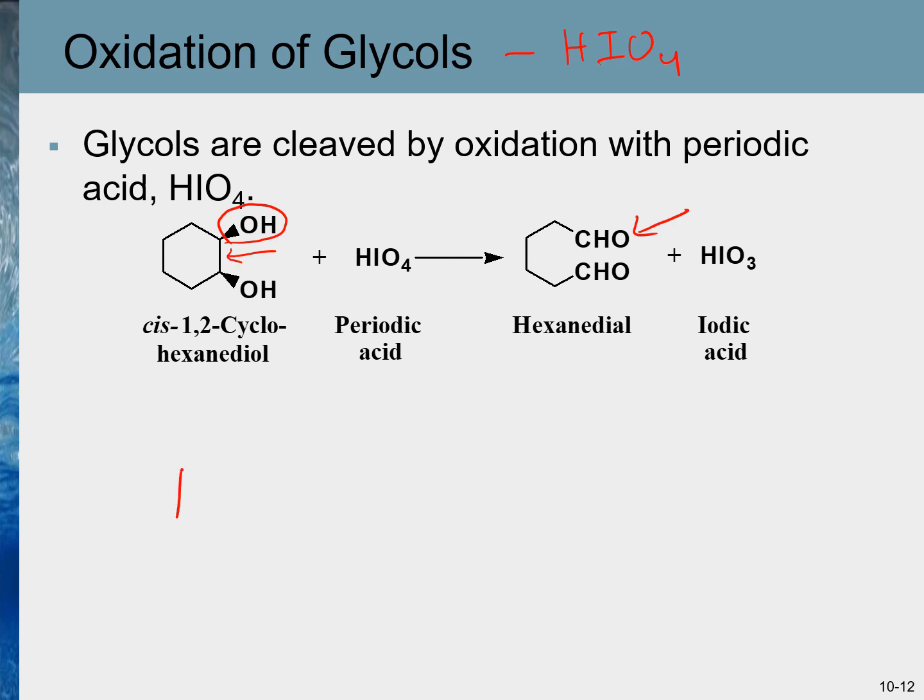So for example, if we have a general glycol shown here, the bond highlighted by yellow will cleave, and the alcohol functional groups will convert into aldehyde functional groups.